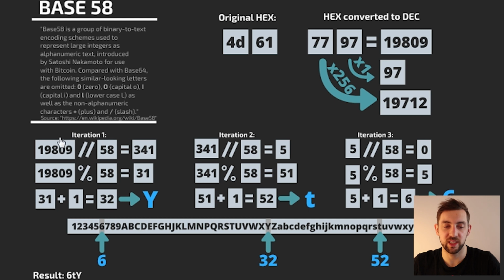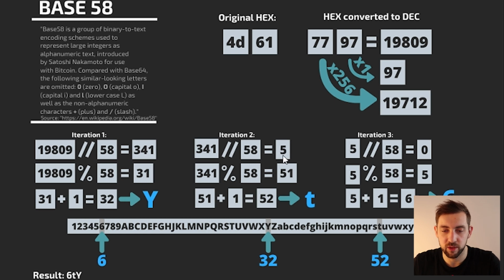From the first iteration, when we divided by 58, we got 341. Now we take the 341 into the second iteration. So we know Y is the first letter. Let's take iteration 2. We are taking this 341 and dividing it by 58 without the float number after the comma, and the result is 5.